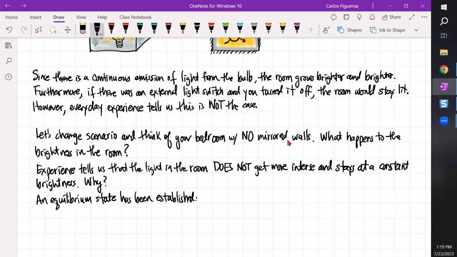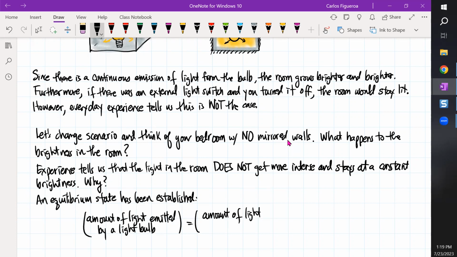And what I mean by that is that the amount of light emitted by a light bulb has to equal the amount of light being reflected off its walls, absorbed, and escaping out the room.